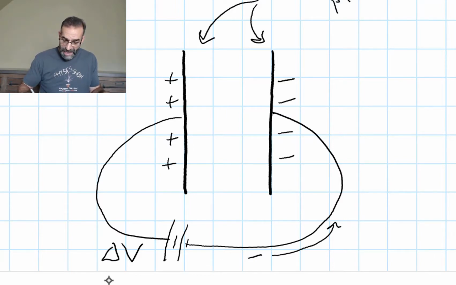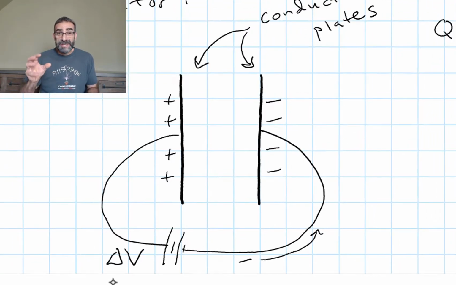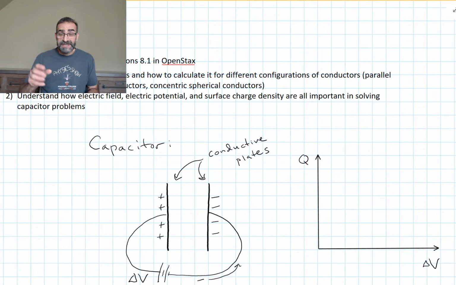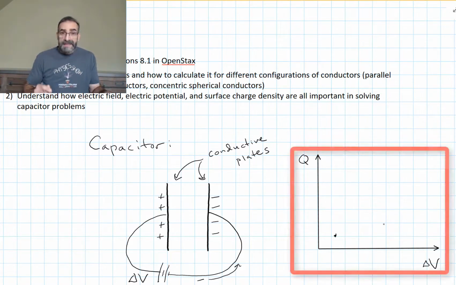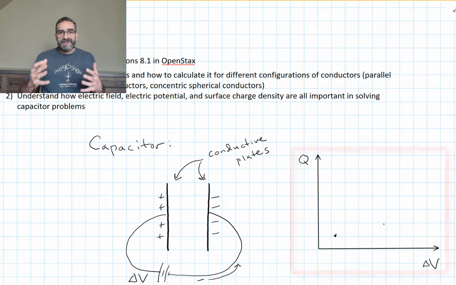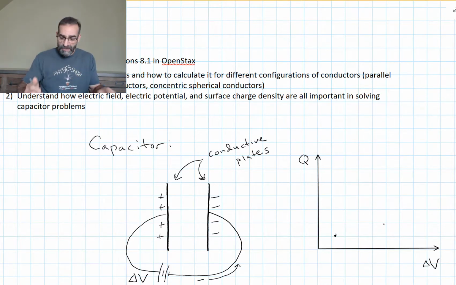And if we were to plot that, if we had a battery or a power supply where we could adjust the potential difference, and we started with a very small potential difference, it would just be able to move a few electrons over. And then if we cranked up the potential difference on our power supply or battery, it would be able to move a few more electrons, and eventually it would stop because it couldn't do enough work to move any more.